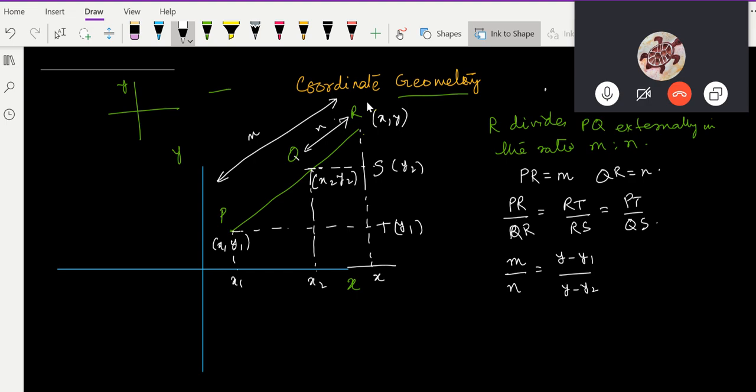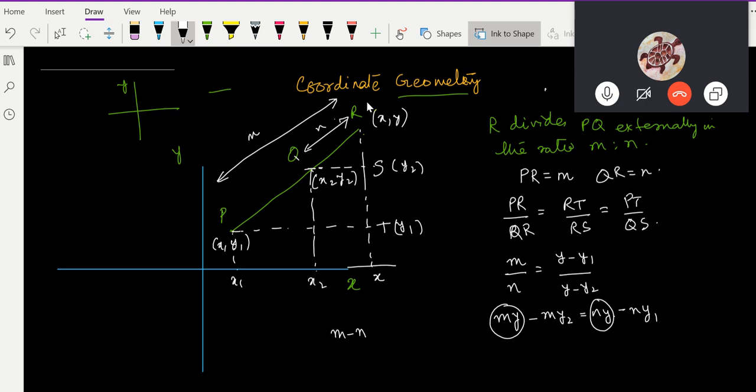So that means we'll do the same thing again. Cross multiply: my minus my2 is equal to ny minus ny1. And I bring the y terms together because I want to find out the value of y.